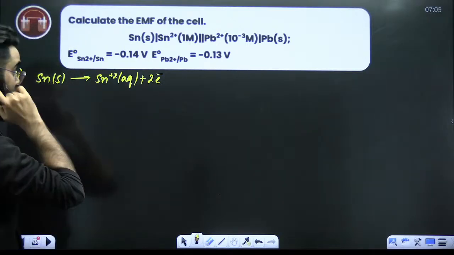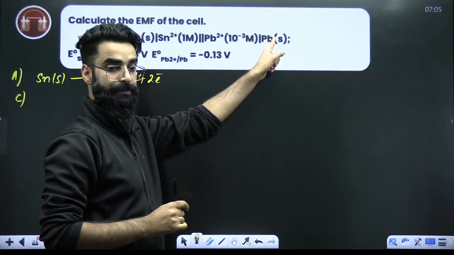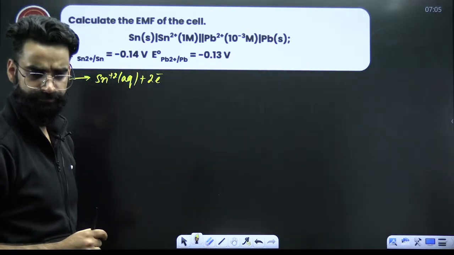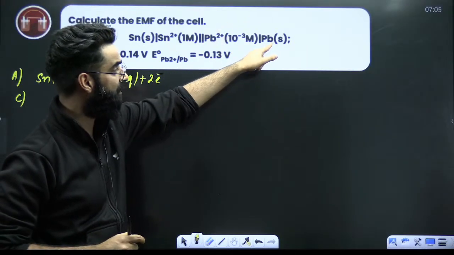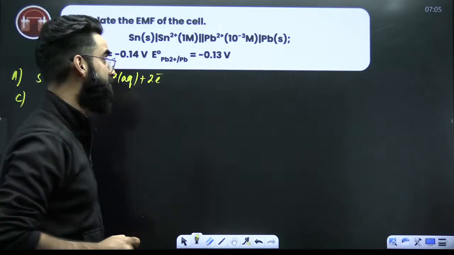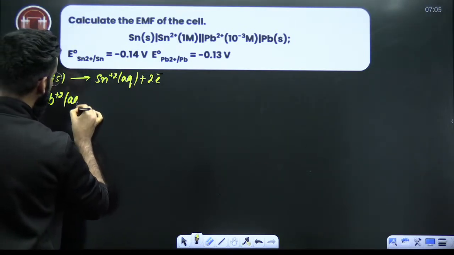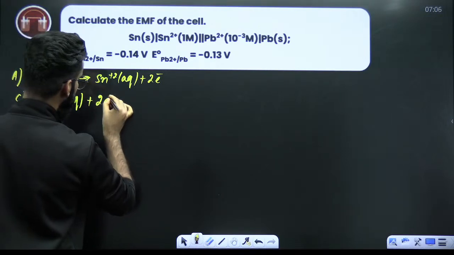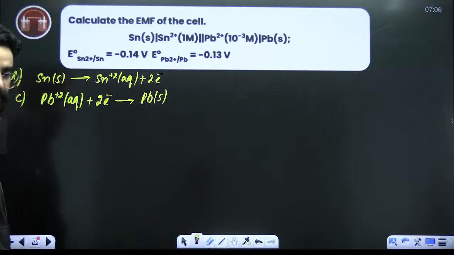Similarly, reaction at cathode. Pb di positive is getting converted into Pb solid. So the reaction has to be Pb di positive aqueous plus 2 electrons getting converted into Pb solid. So this has to be the reaction at cathode.